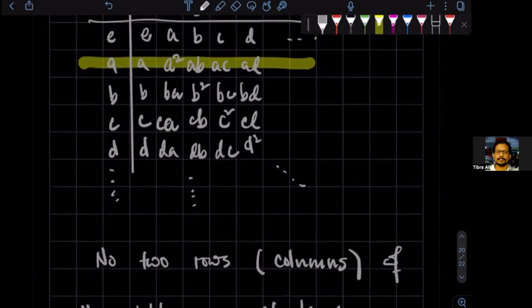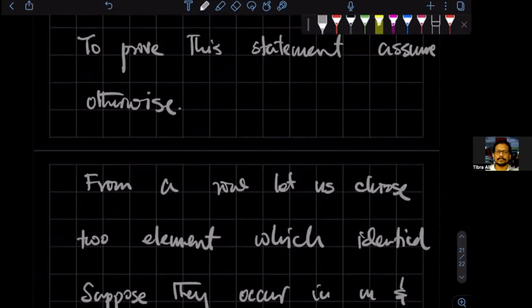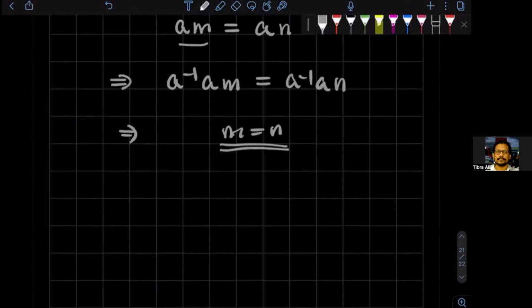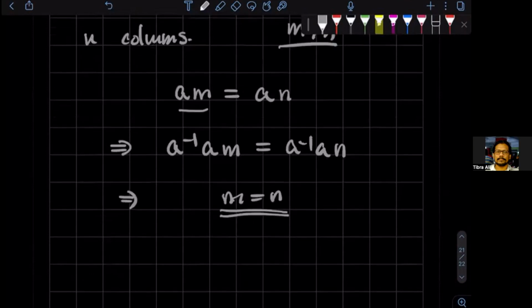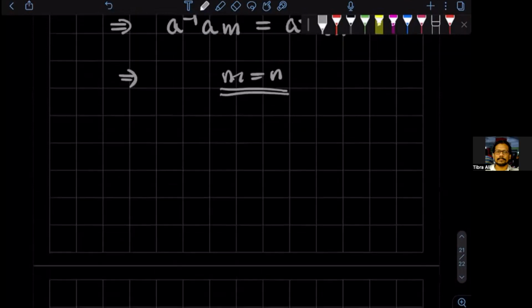So that contradicts our initial assumption that the two different elements were equal. Okay. So our assumption was that M is not equal to N, but we saw that N must be equal to M. Okay, so this shows us that every row or column is unique.